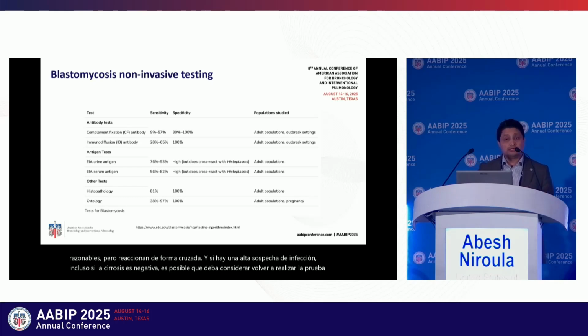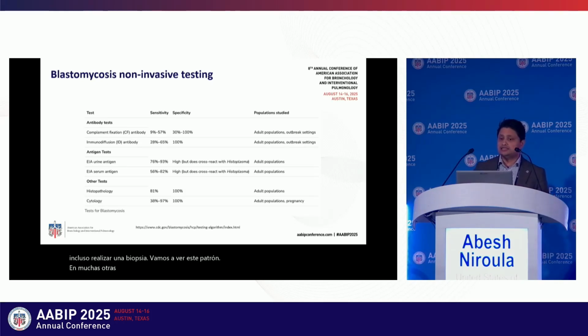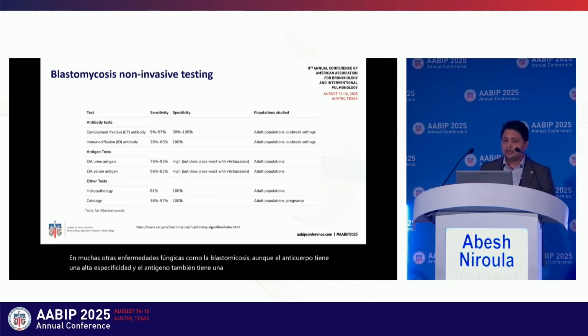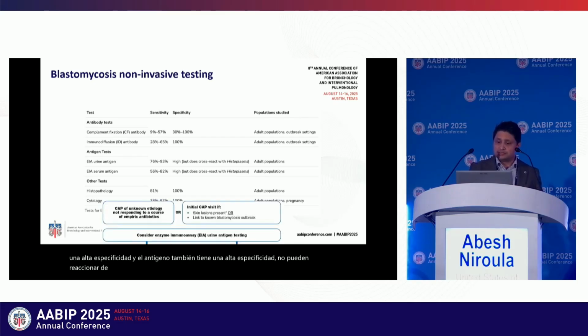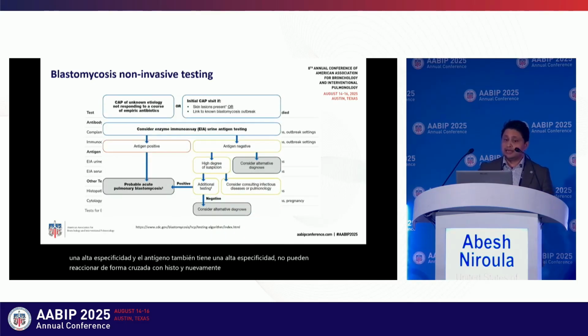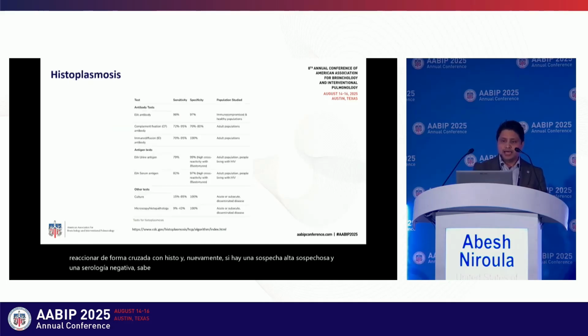We're going to see this pattern in a lot of other fungal diseases like blastomycosis. Although the antibody and antigen have high specificity, they can cross-react with histo. Again, if there is high suspicion and negative serology, we do need to repeat testing and biopsy. And this is true also for histoplasmosis.